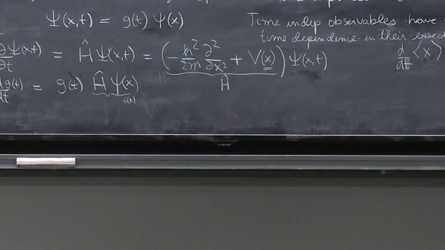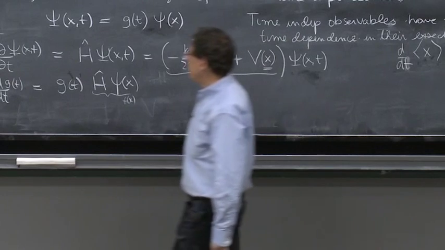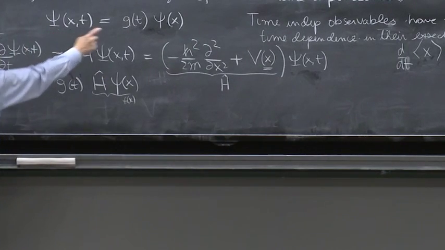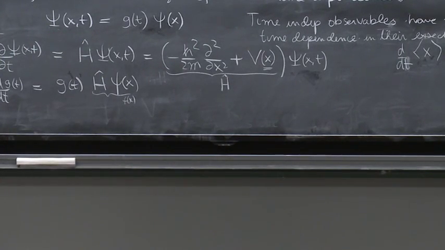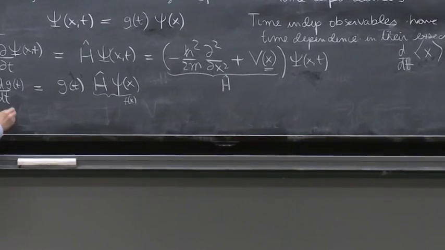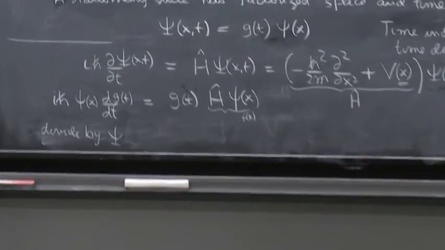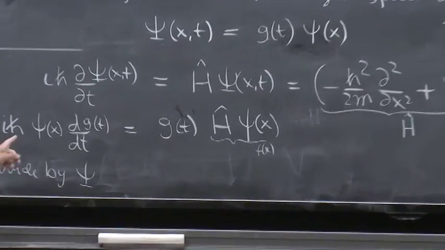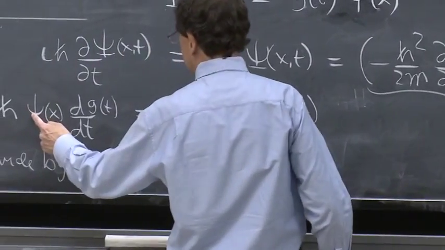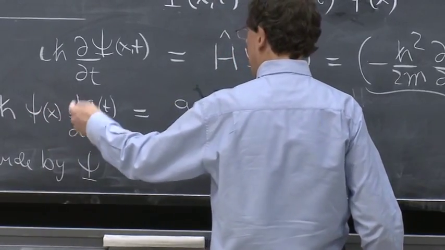All right, next step. Divide this whole equation by the total wave function, by psi. But if you divide by psi, you cancel the little psi here and you get a 1 over g.